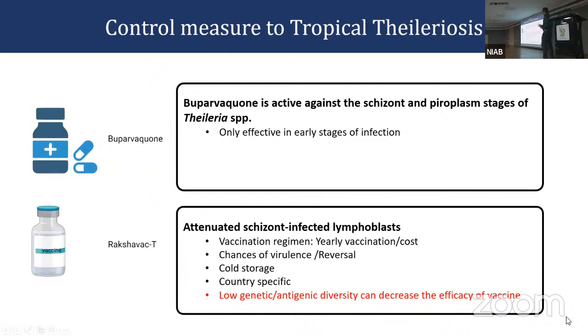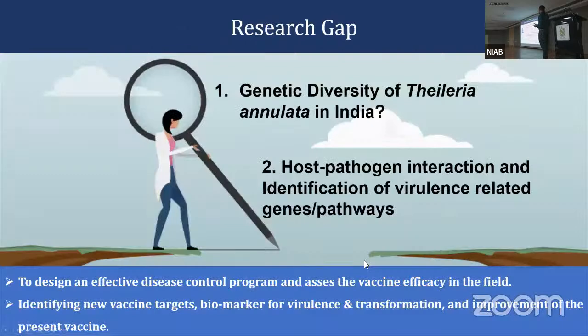Now, this is one of the important points because my thesis is also concerned with the genetic diversity of Theileria annulata. When we look at the genetic diversity of Theileria annulata in India, there are no studies which talk about the diversity of the parasite as a whole in India. If we understand the diversity, it can help us to design effective disease control programs and assess the vaccine efficacy in field conditions.